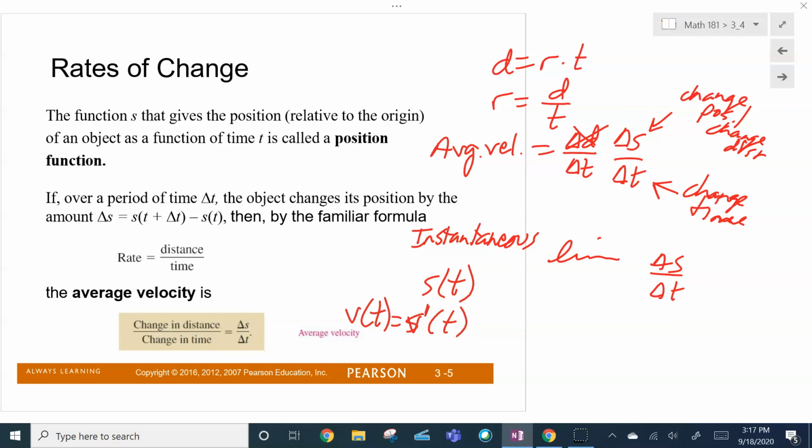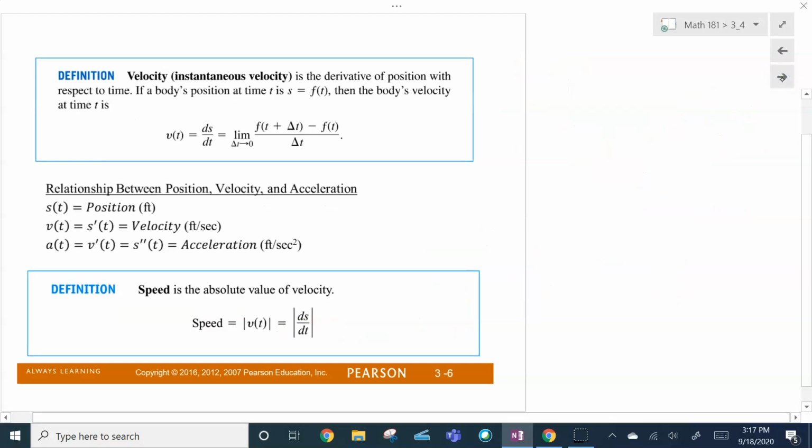There's a relationship here. If the change in position is in feet over change in time in seconds, the velocity would be in feet per second. And then the derivative of that is your acceleration.